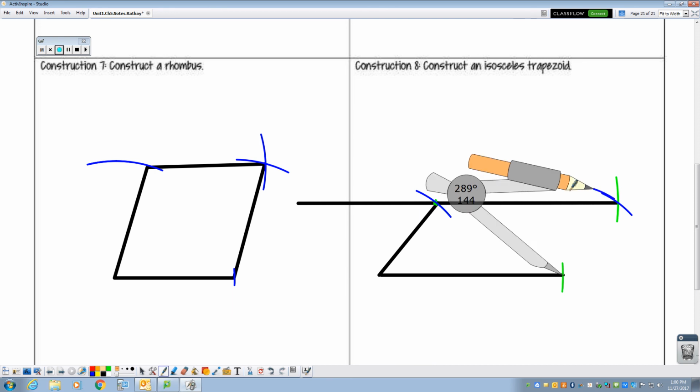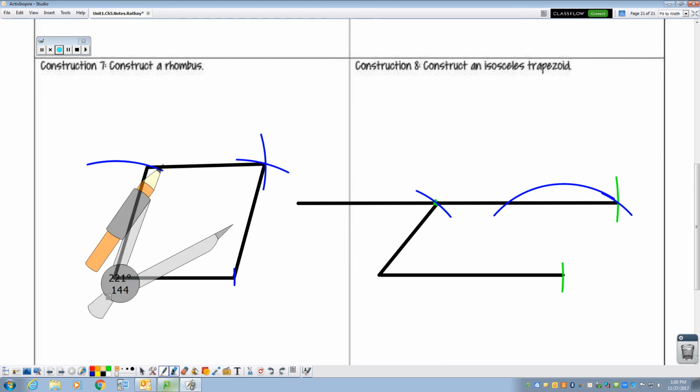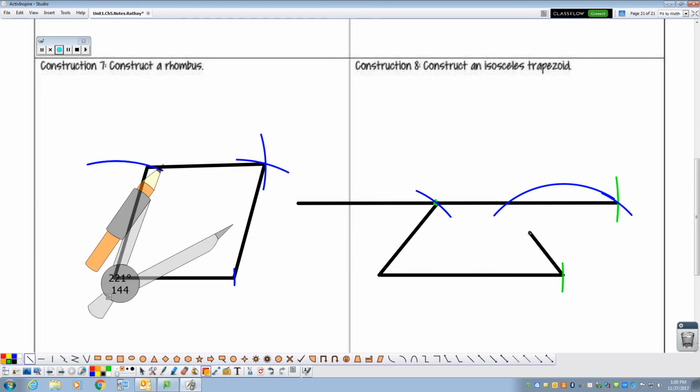So I'm just continuing this arc I already did. Whoopsies. And now I'm going to connect these legs, and there's my isosceles trapezoid.